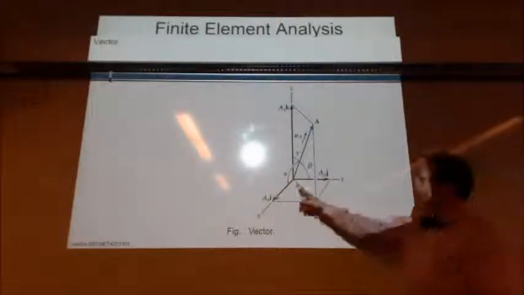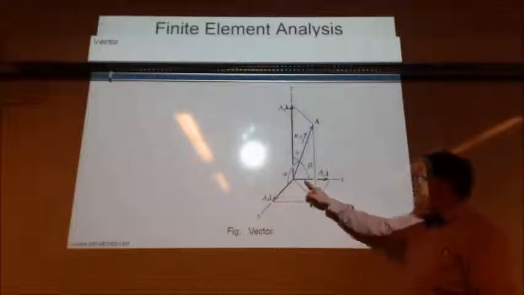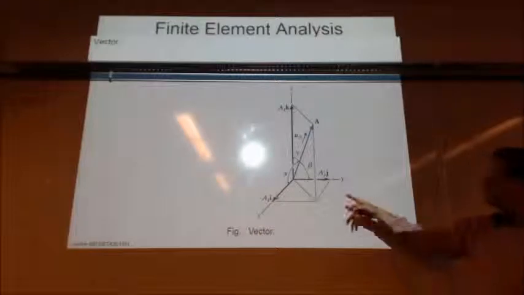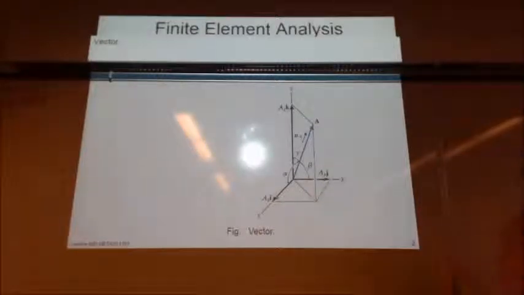So we have some sort of magnitude defined as the length of the vector, and then the direction, of course, x, y, or z, or whatever we're working on. Our magnitude is a scalar, and then, of course, the arrow indicates our direction.